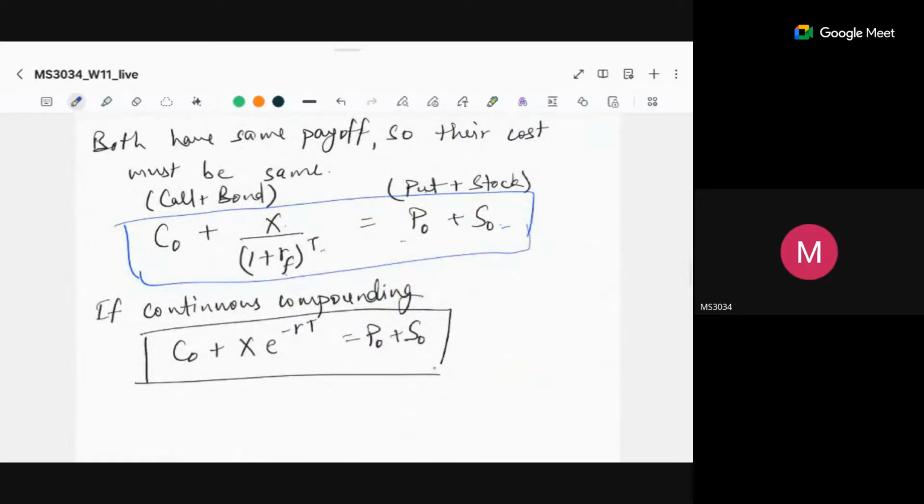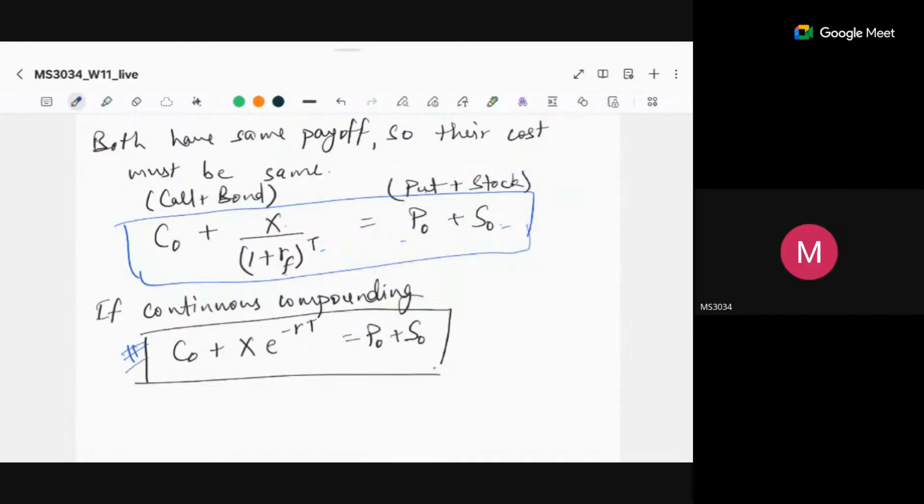If it is said that R is continuously compounded, then you replace this compounding with continuous discounting. So the continuous compounding put call parity will be C naught plus X e to the power negative RT equals P naught plus S naught. This you should take note of.